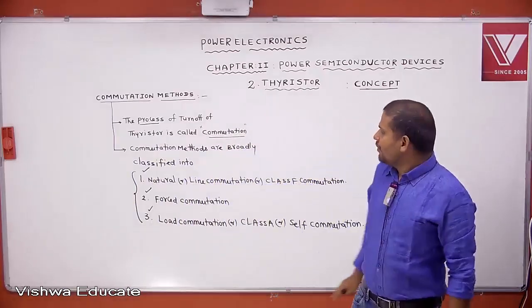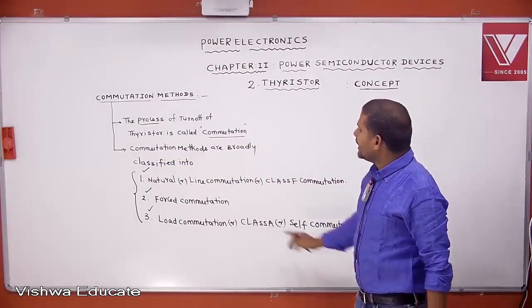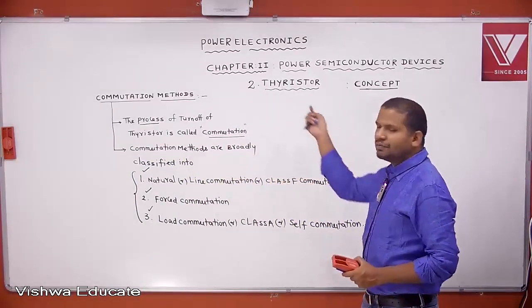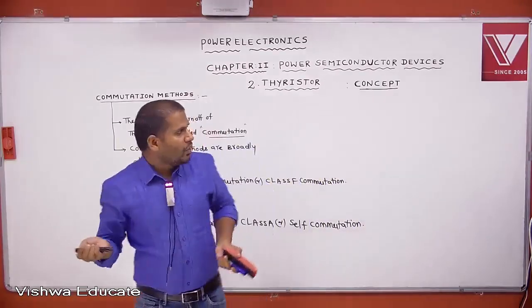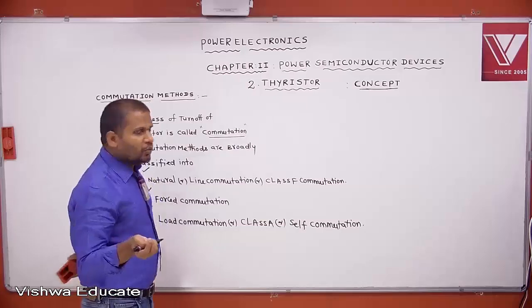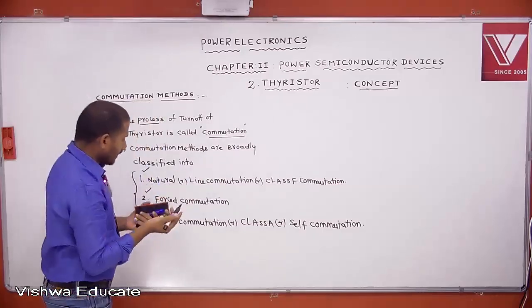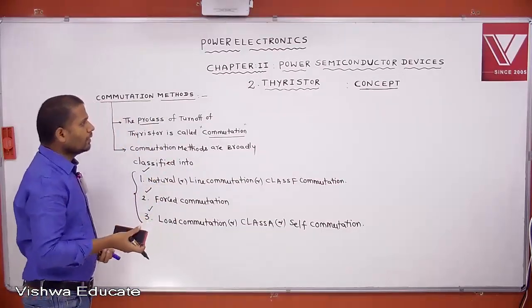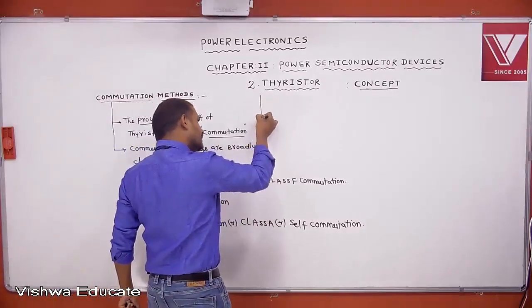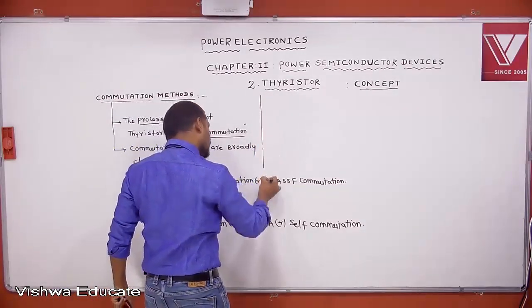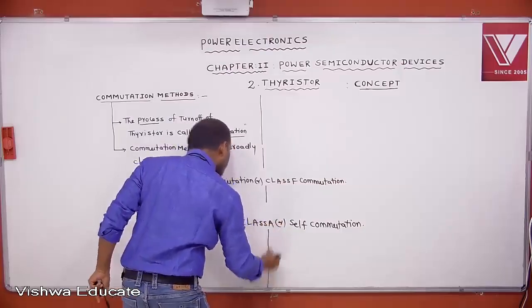Understood? First, we'll start with natural commutation, or line commutation, or class F commutation. Now we'll see in detail about natural commutation. Is that clear? The first one is natural commutation or line commutation or class F commutation.